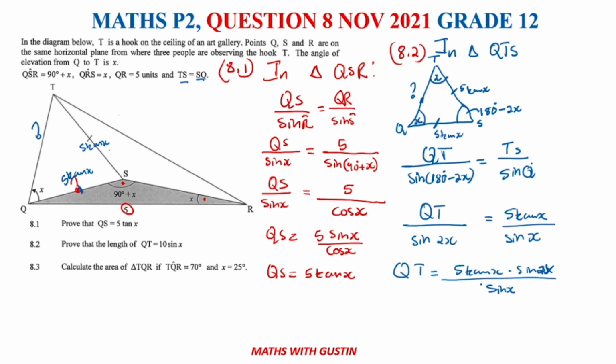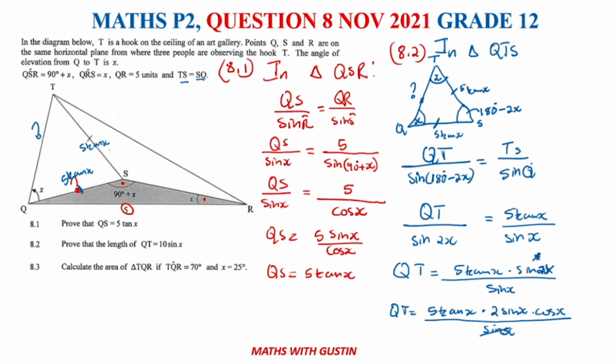So now we need to simplify as much as we can. Let's check your formula sheet, guys. You would see that sine 2x can be changed to 2 sine x cos x, all over sine x here.